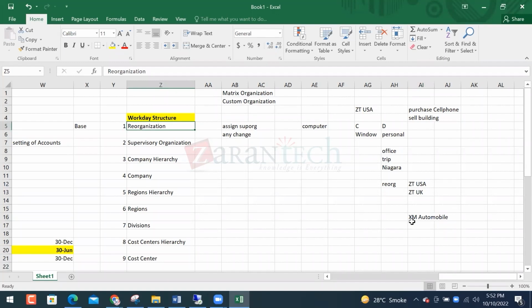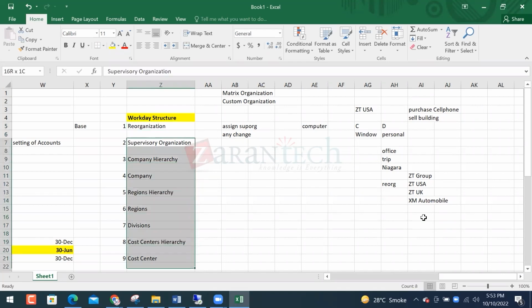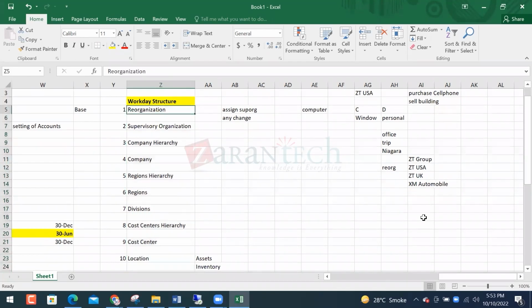If that company is a subsidiary of this ZT group, then I will not go for any new reorganization. I will just open up the same company within that reorganization, within the same folder, because I already created one folder. Similarly, in any Workday, you will define all the organizations within that reorganization structure. That is a major difference.